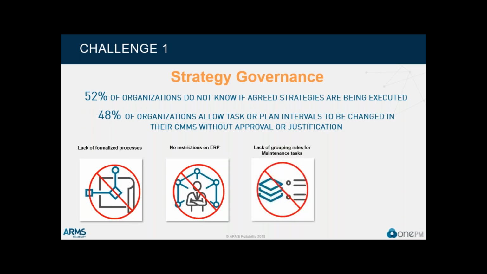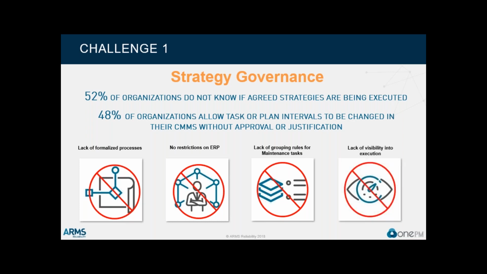We don't have defined rules on how maintenance tasks are defined and grouped, which means our execution ends up being a little different. And then we lack visibility into the execution. It's difficult to draw a line of sight between the strategy that was defined by the reliability engineer, the strategy that was being planned, and the strategy eventually being executed. So we need to create that line of sight to allow us to improve.